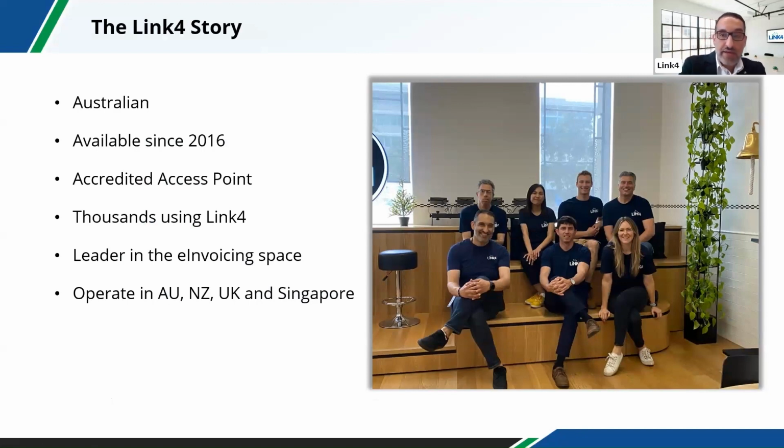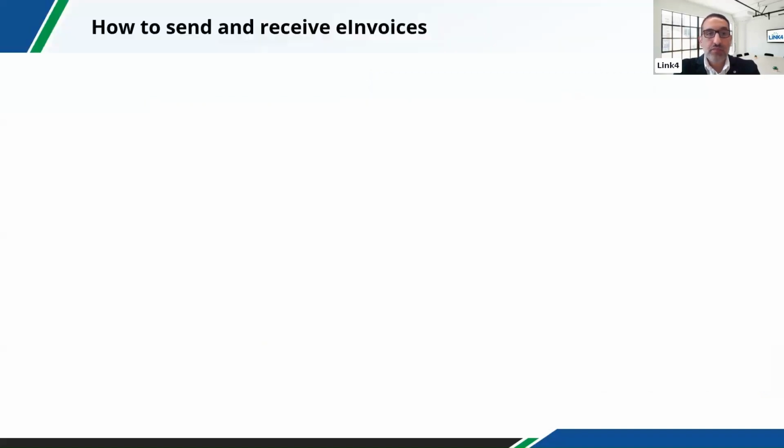Our head office is here in Adelaide, South Australia, but we also have offices in Sydney and other cities in Australia as well. Our solution started back in 2016, and we have been connecting many of our customers to the e-invoicing network since that time. There are more than 4,000 businesses using Link4 today, and we are operating in different countries, including Australia, New Zealand, Singapore, and the UK as well.